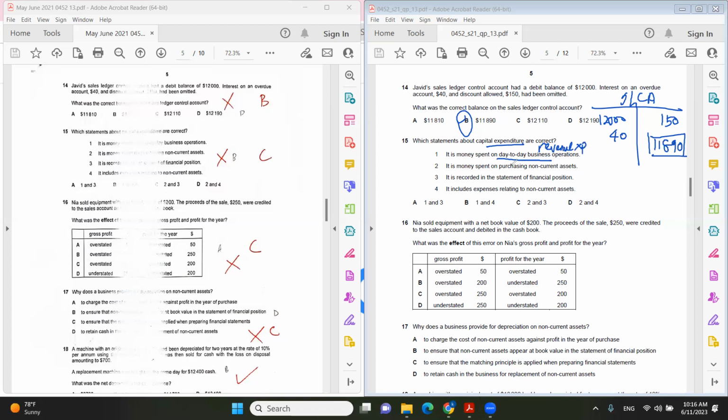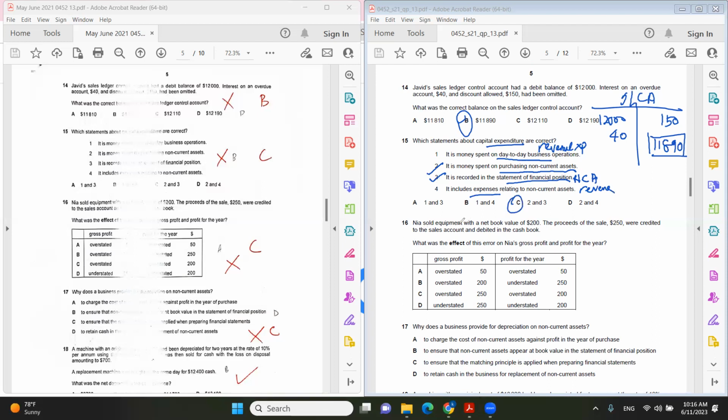It is the money spent on the purchase of, yes, one of it under capital expenditure, purchase of non-current asset. So this is one of it. It is recorded in the statement of financial position. Yes, this one amount recorded in the statement of financial position. It includes expenses related to the non-current asset. It refers to the revenue expenditure. So the answer should be 2 and 3.